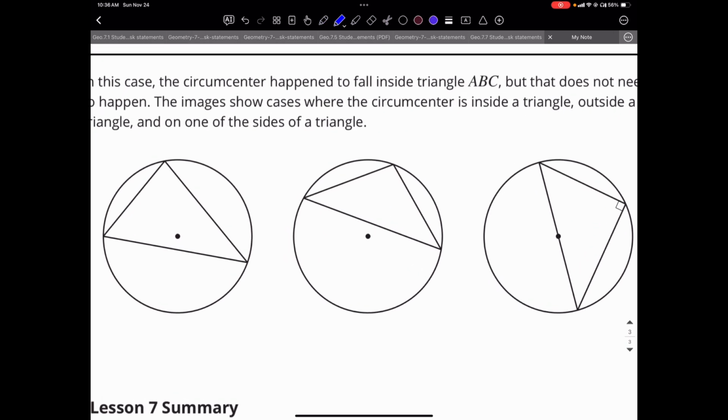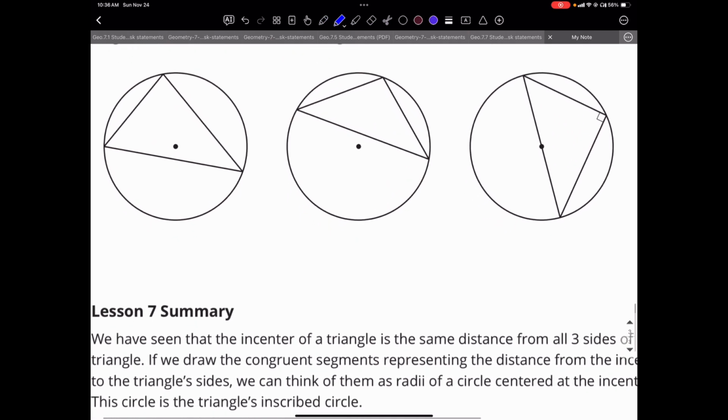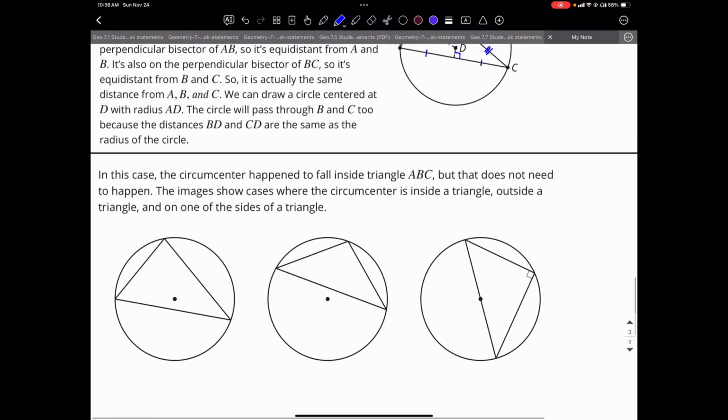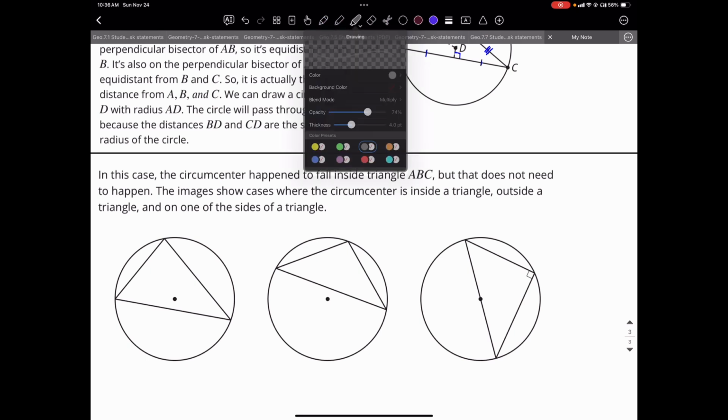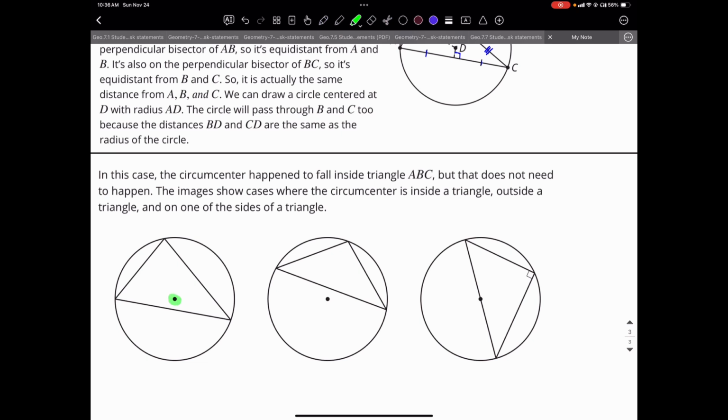The book didn't really go over this, but it kind of expects you to know and understand it. So let me go back to what it just said. Just looking at this, notice where the center is on each one of these circumscribed triangles.